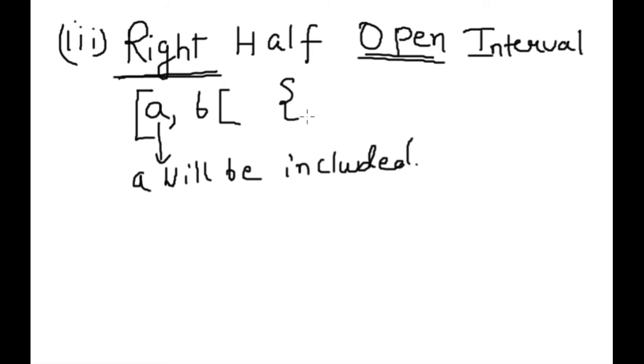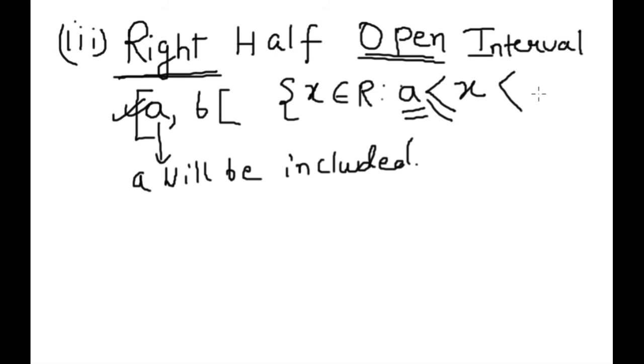For example, x is an element of R such that x is greater than or equal to a. We will include a because this side is closed, and less than b. We will not include b because this is open.